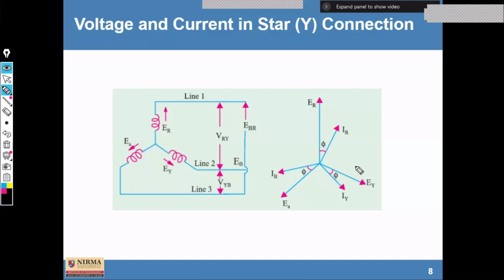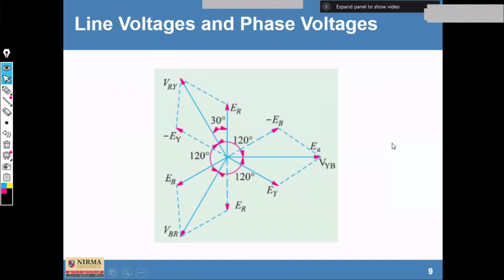Now similarly, the same vector diagram is extended from the previous diagram. In the previous diagram, we know that ER, EY and EB were there.